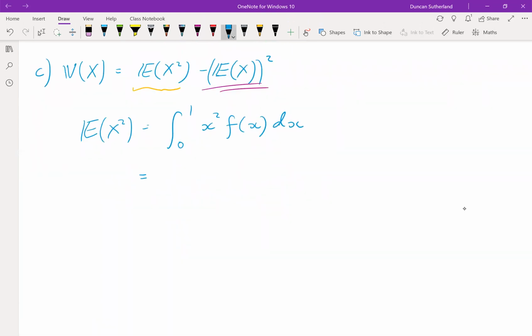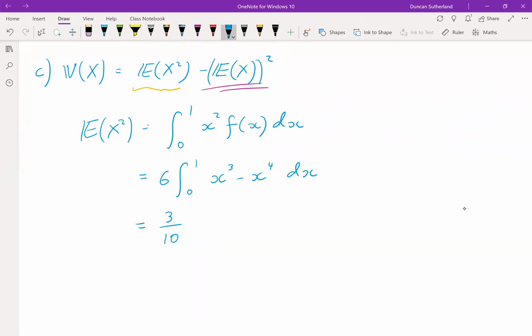So that's 6 times the integral from 0 to 1 of x cubed, I think, minus x to the fourth when you plug in what f of x is, dx. Again, we're just integrating polynomials, so I'm just going to save you the hassle of working this out.